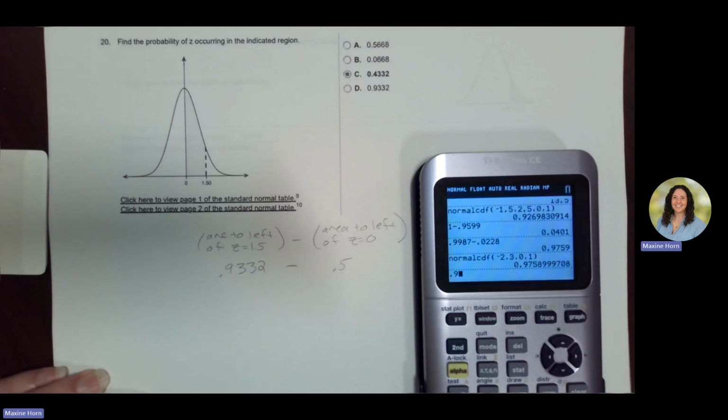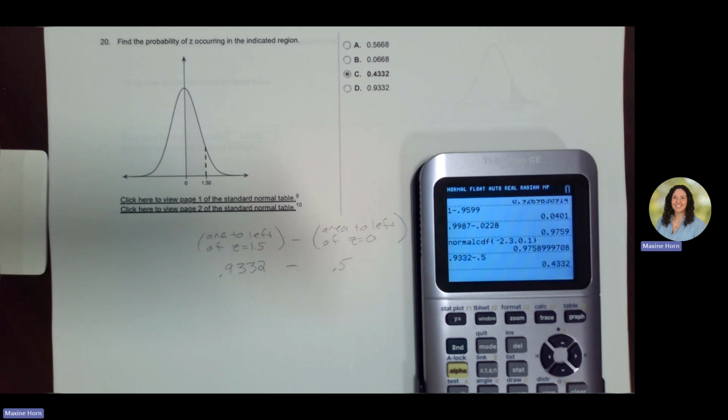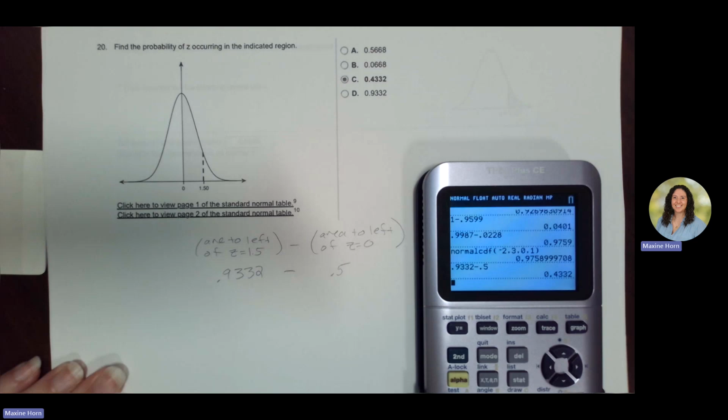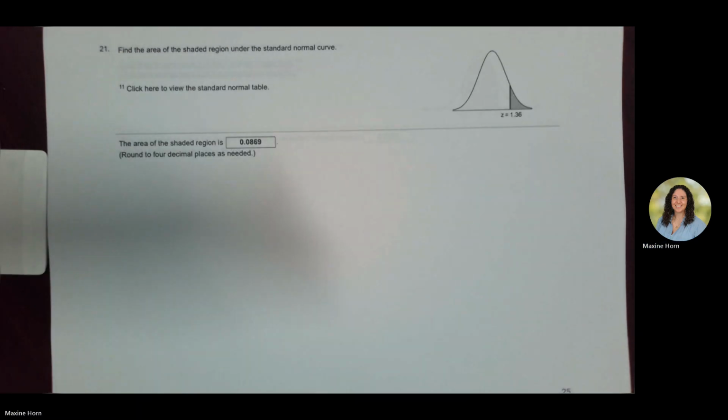All right, so we got 0.9332 minus 0.5 or 0.50, however you want to think of it, 50%, you're getting 0.33, I'm sorry, 0.4332. Okay, so hopefully after you do a few of these, you start to feel pretty confident with them. It's the same general process every time.